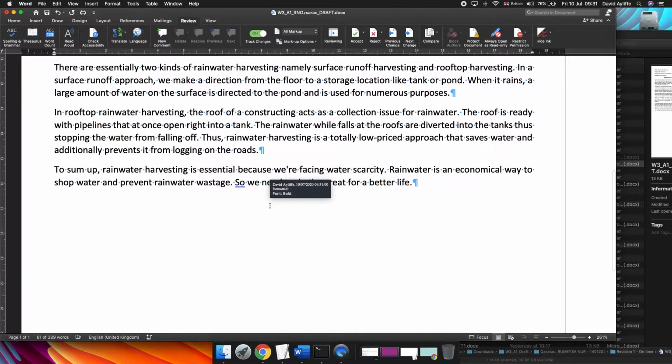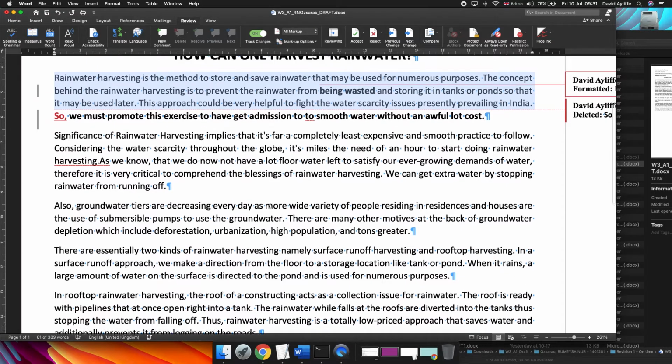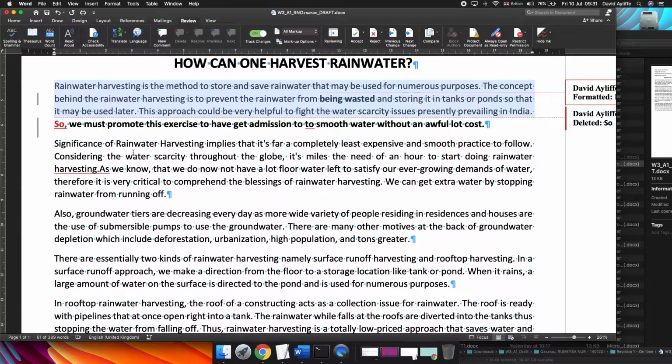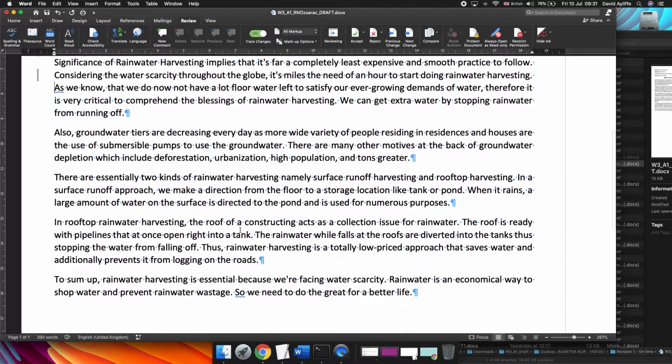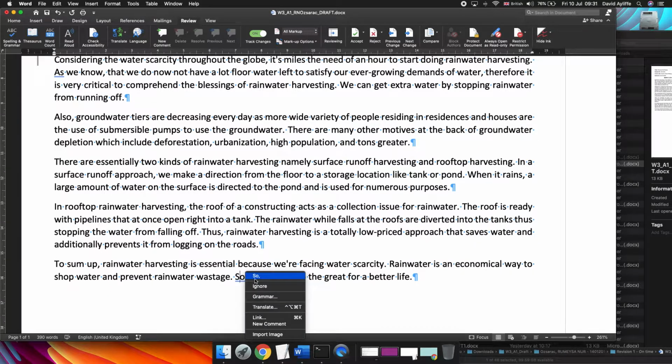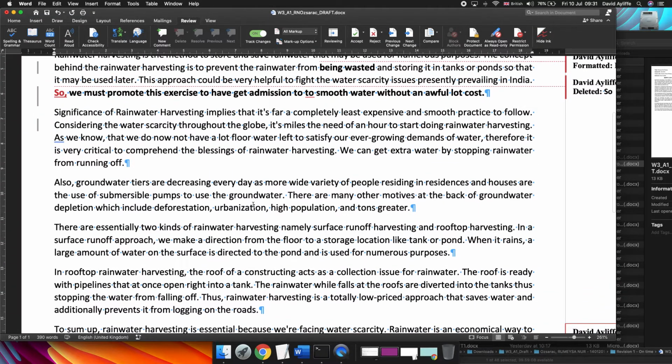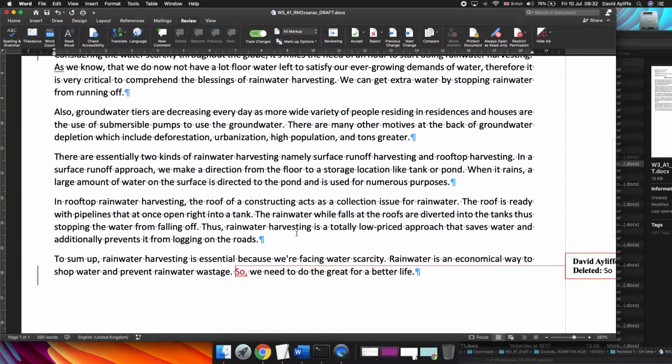What's going on here? What is going on here? Significance of rainwater harvesting implies that it's... What is this? Have you used the source material at all? Groundwater tiers? Huh? What is this?